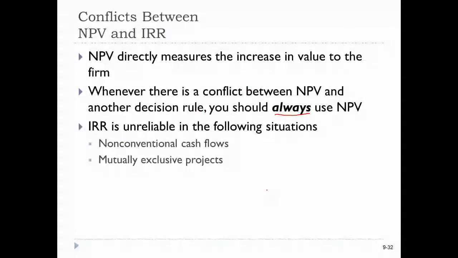So we've seen a couple of situations where IRR is what we call unreliable. When we have non-conventional cash flows, it can throw off the calculations. When we have mutually exclusive projects, we can reach a bad decision if we choose based on IRR rather than based on net present value.